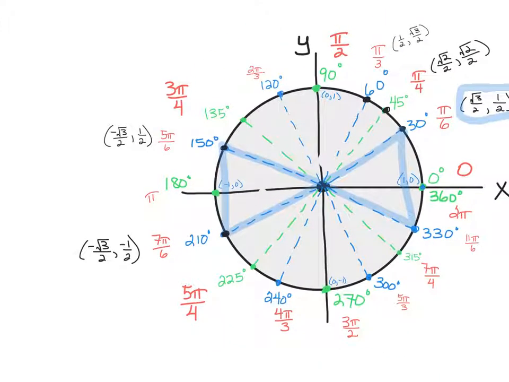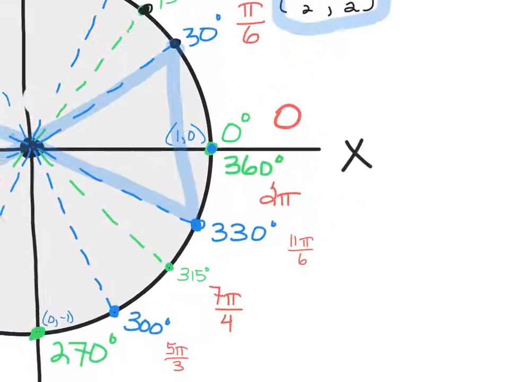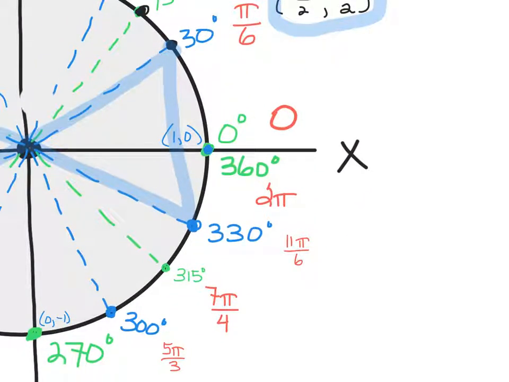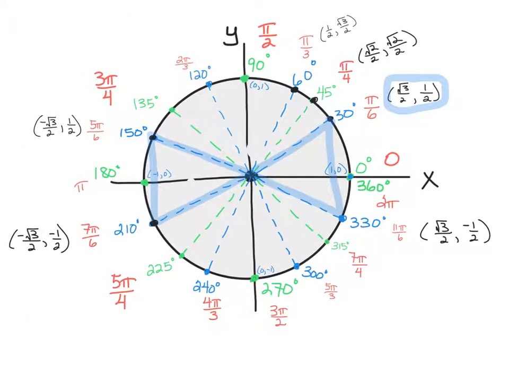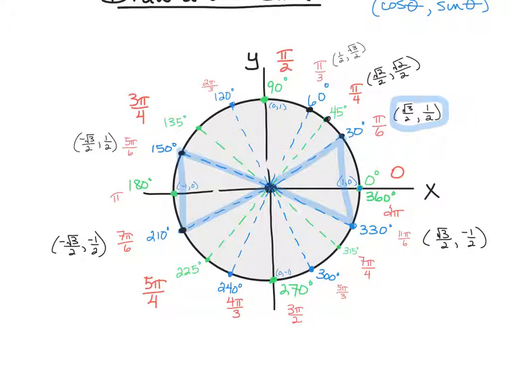And then in the fourth quadrant, the angle that has a reference angle of 30 is going to end up having a negative y value, but a positive x value. So positive radical 3 over 2 and negative 1/2. Now, those are your values, cosine and sine, for the angles that have a reference angle of 30.